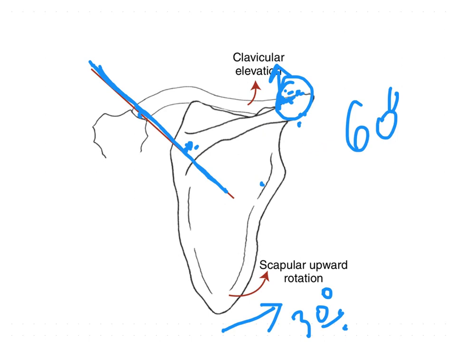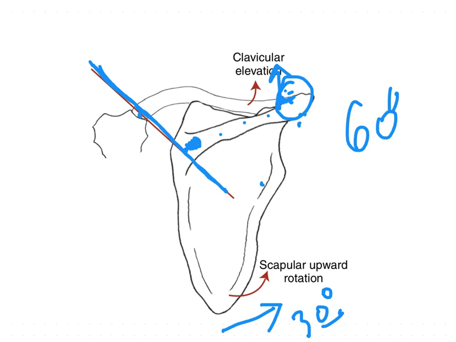In the second phase, the remaining 30 degrees of scapular rotation has to take place. How this is going to happen is that this axis of rotation is going to shift laterally. Now here it is the axis of rotation.